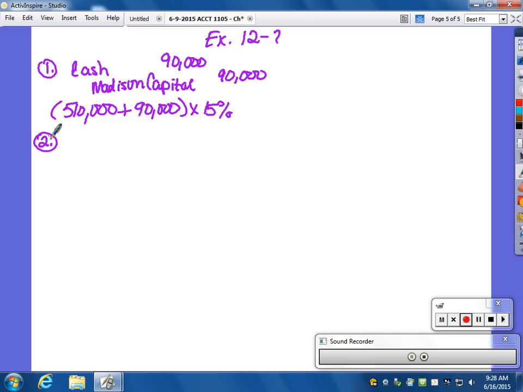The total equity. Second assumption is that Madison invests $120,000 cash. Just looking at that, what can we honestly assume with that 120,000? Who is this going to be of benefit to? The partner coming in or the existing? Existing.